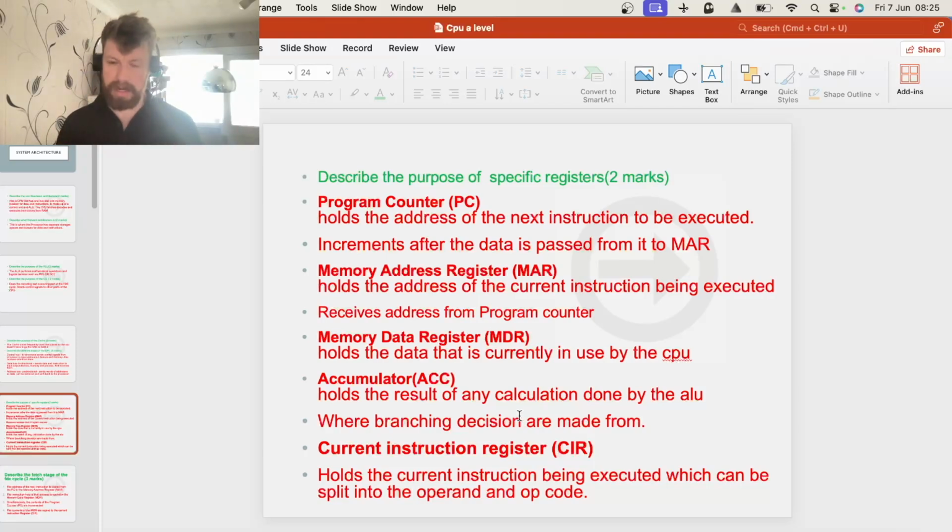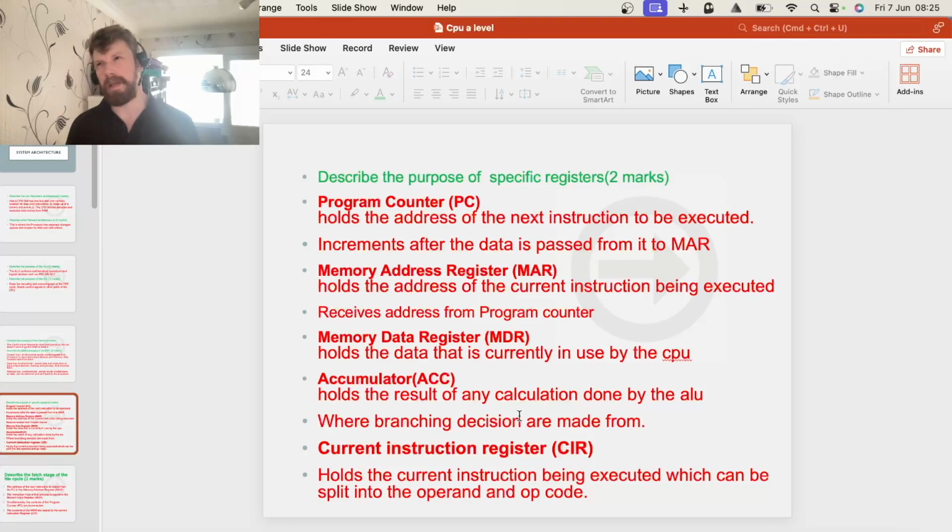When we look at assembly language this will make a little bit more sense, but you use things like BRZ, BRA, BRP. That is essentially how you create decisions and loops in assembly language. The accumulator is where that decision is made, so that's a little extra point.